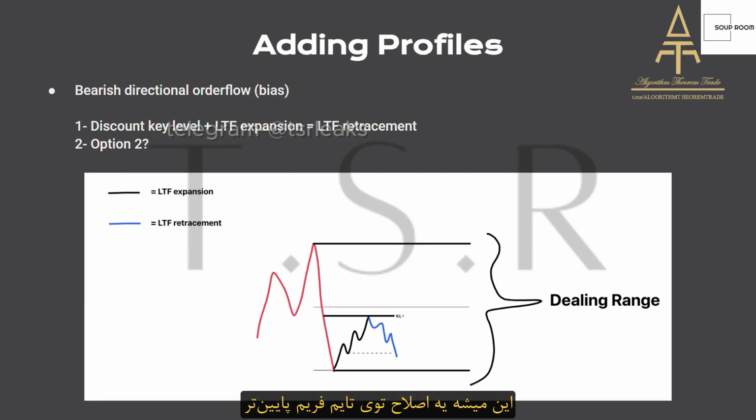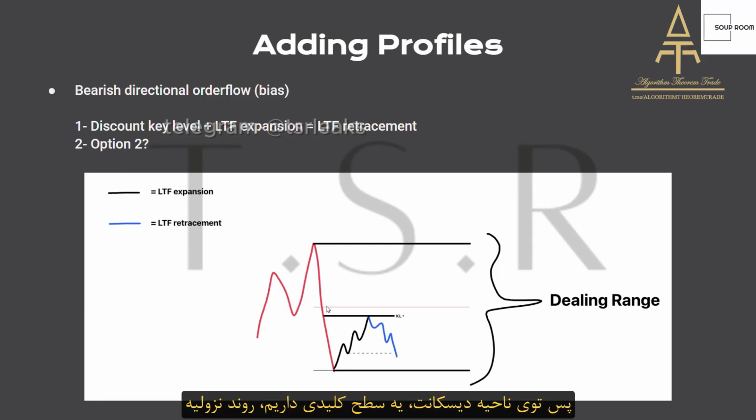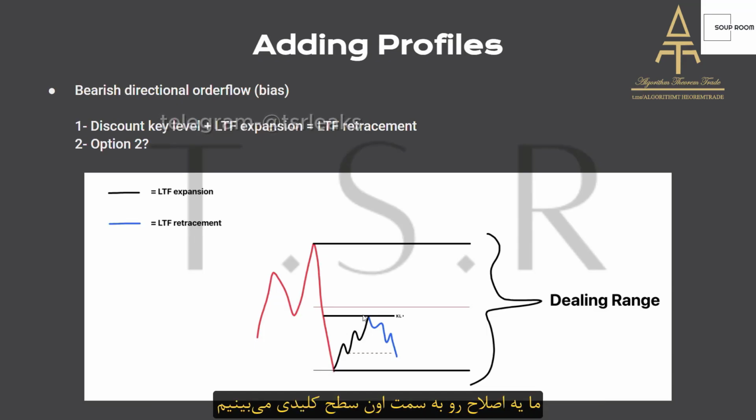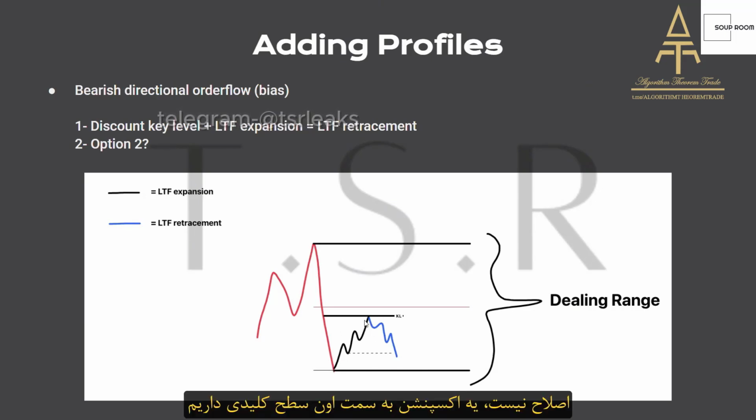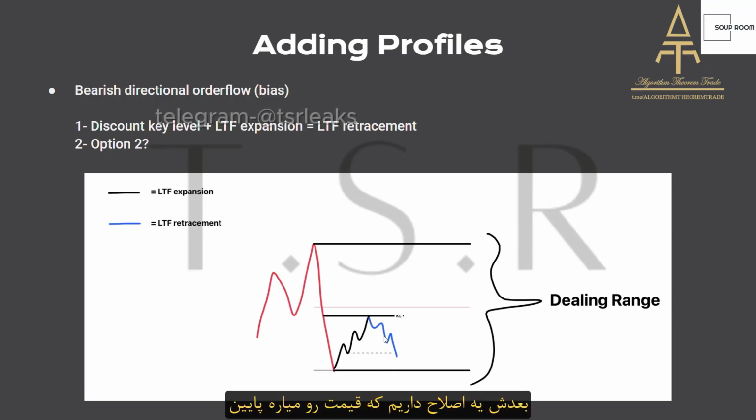This will equal a lower time frame retracement. So we have a key level in a discount market, price is bearish. On the lower time frame, we will see an expansion towards that key level. Then we will see a retracement coming back down.